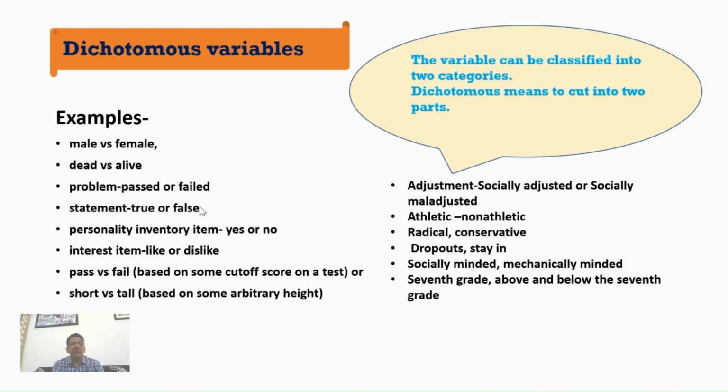Other examples of a dichotomous variable may be the adjustment variable, where the two categories may be socially adjusted and socially maladjusted. In a group of athletes, some may be athletic and some non-athletic. Similarly, some people may be radical and some may be conservative.